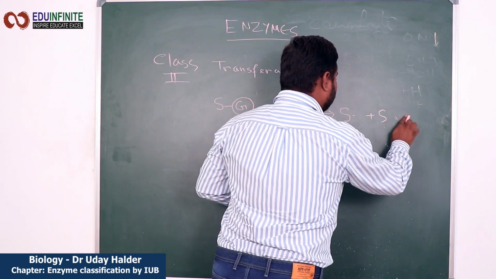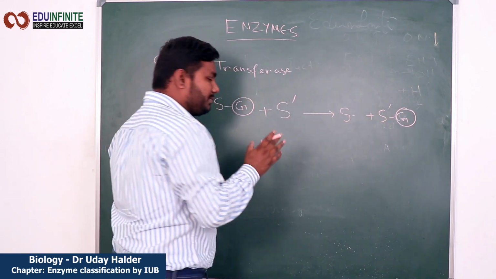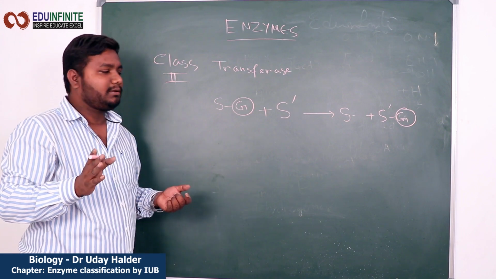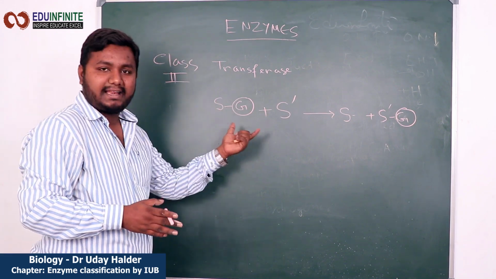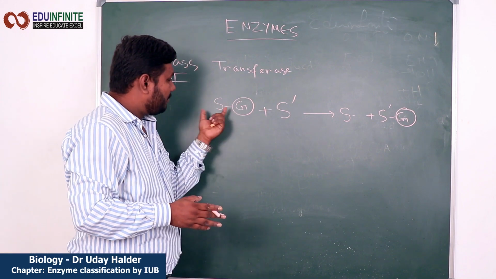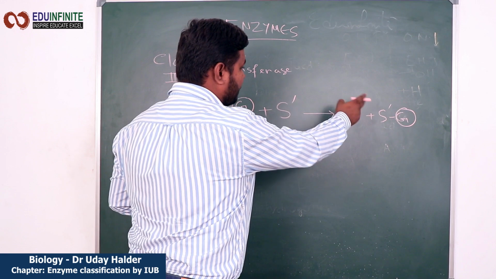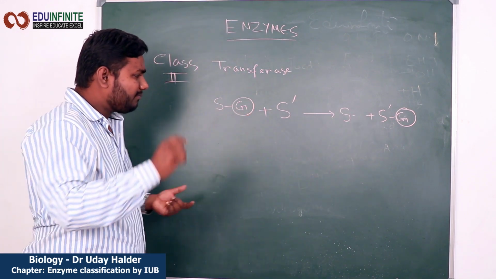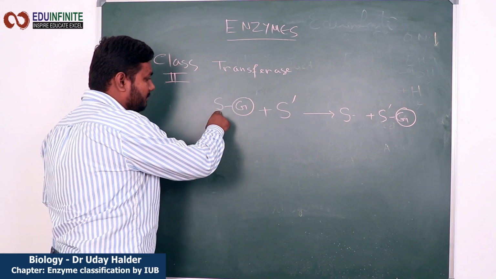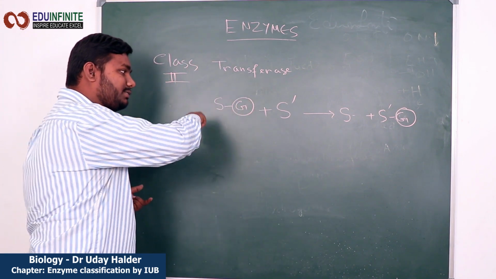S plus S dash G. You see this skeletal reaction, I have not written an actual reaction, I have shown you guys a skeletal reaction. So SG plus S dash is producing S plus S dash G. That means this group G is transferred from this S to S dash. This group G has been transferred from S to S dash.